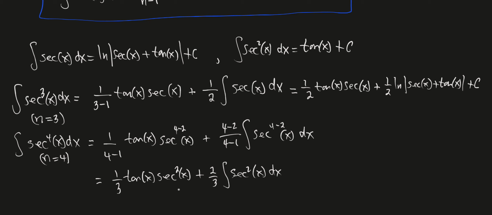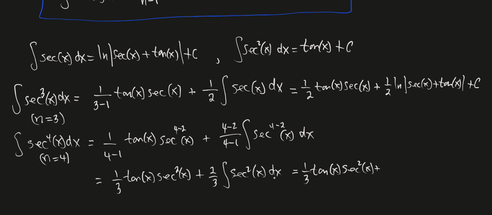So now we can actually write down the antiderivative of secant to the 4th power, right? So yeah, we should be able to get it on this line. So it's 1/3 times the tangent of x times secant squared plus, and now it's 2/3 times tangent x plus c, because this antiderivative is tangent.